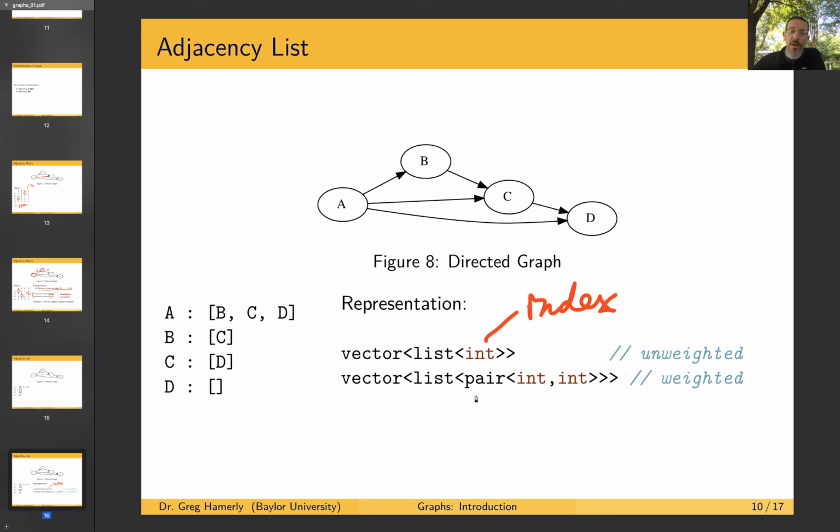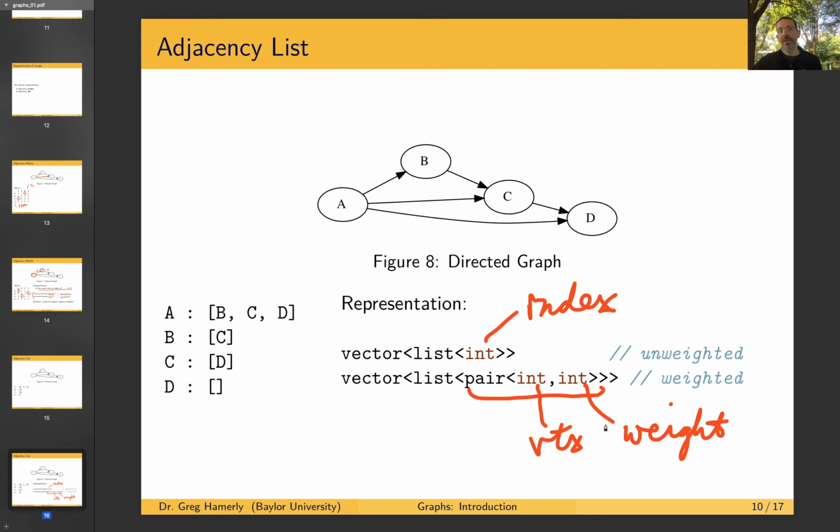If we have a weighted graph, we could use a vector of list of pairs, where the first integer in the pair might represent the vertex, and the second integer might represent the weight. And that weight could be an integer, or a float or a double or what have you.